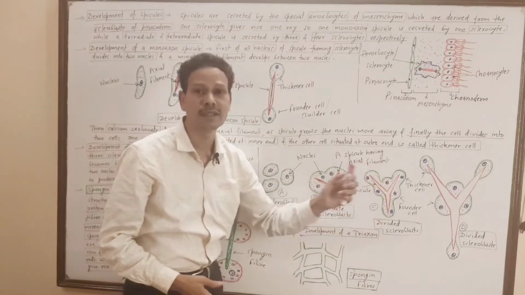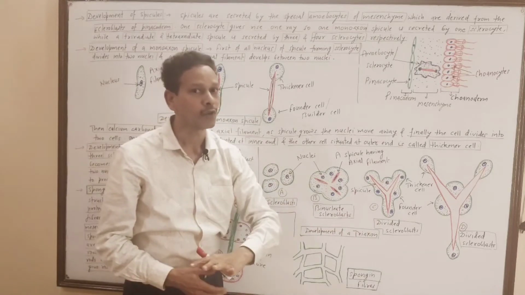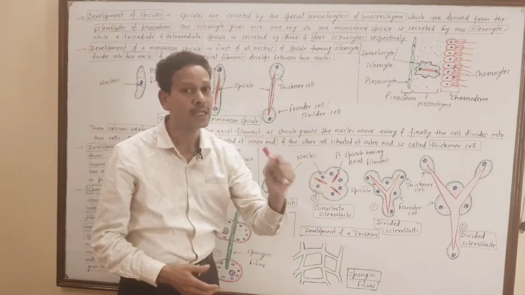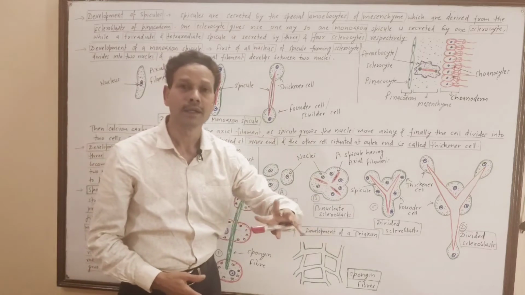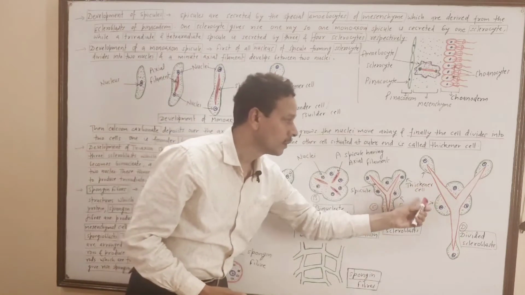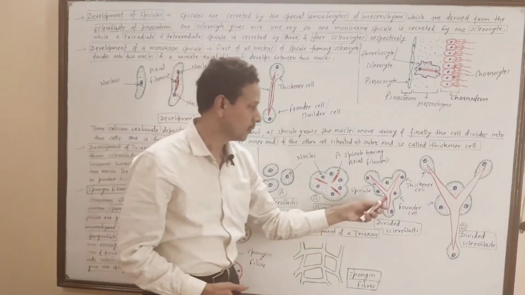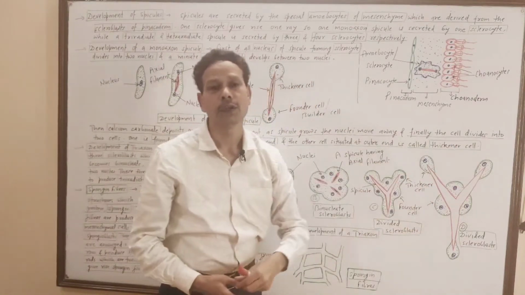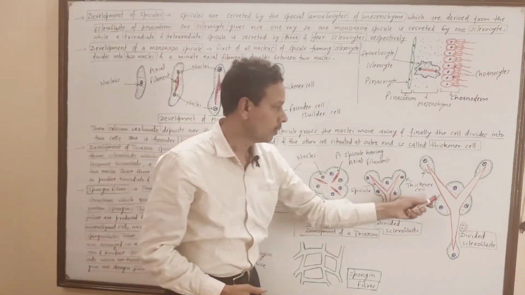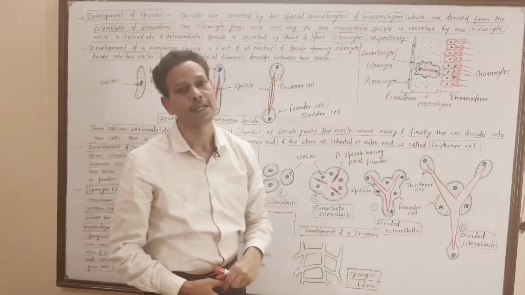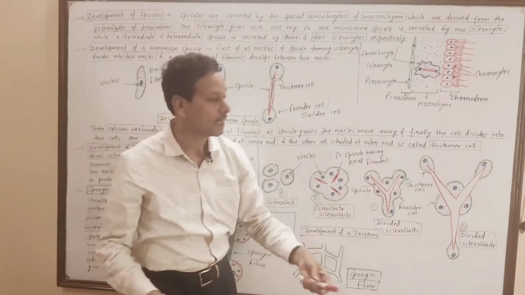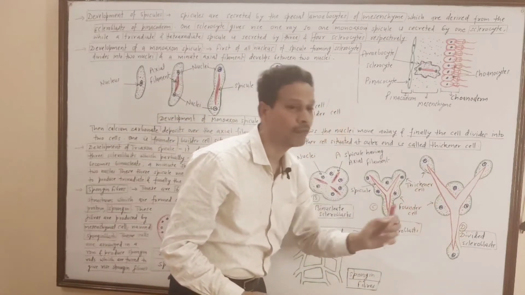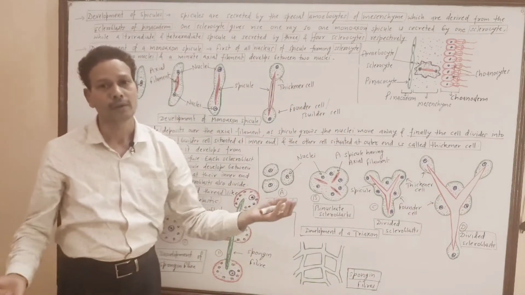Dear students, in case of tetraxon, each scleroblast gives rise to one ray. Finally, the inner cell divides into two cells. As a result, the outer cells become thickener cells, and the central cells are founder cells or builder cells.